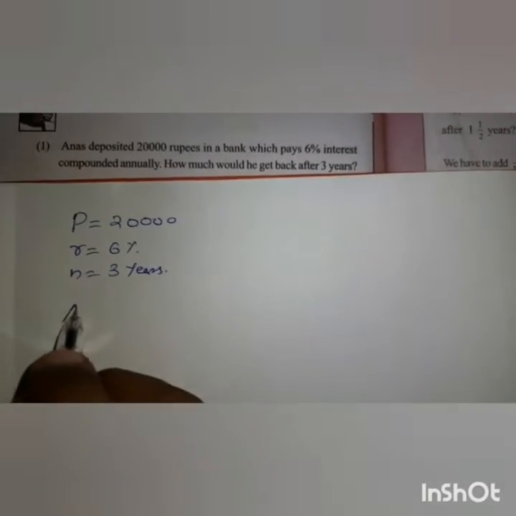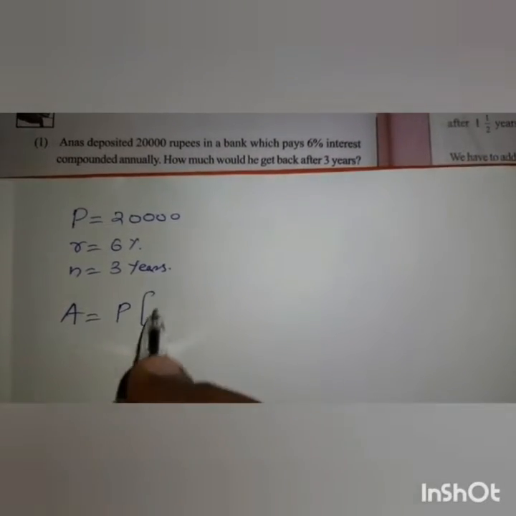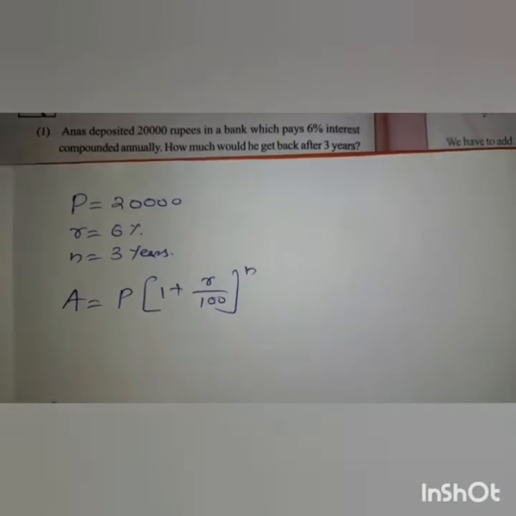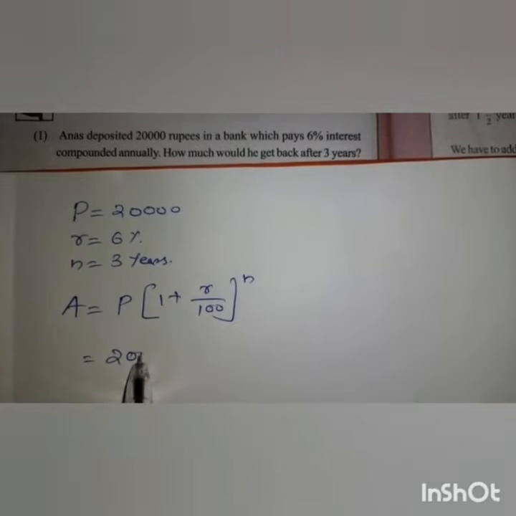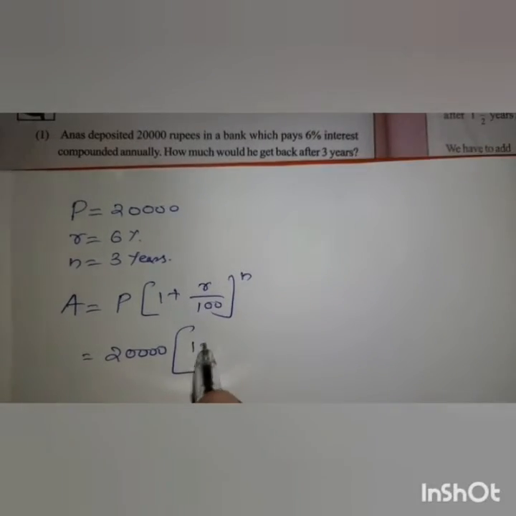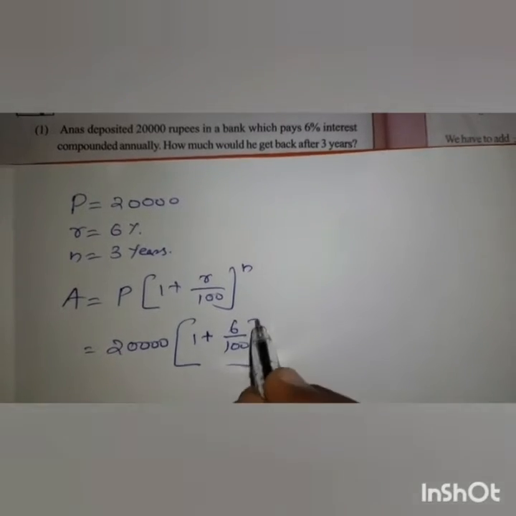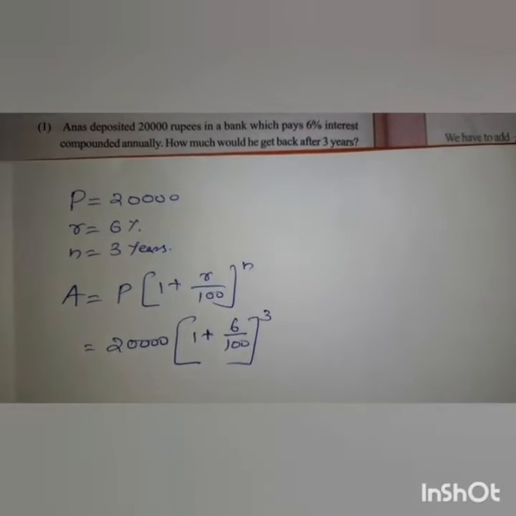So write the equation. Amount is equal to P into 1 plus R by 100 raised to n. So P is 20,000 into 1 plus R, which is 6, by 100 raised to 3.